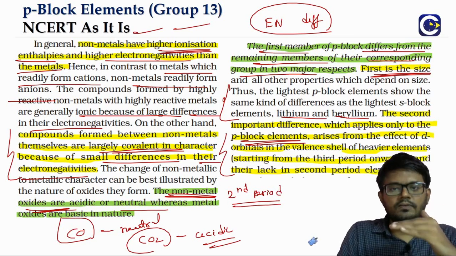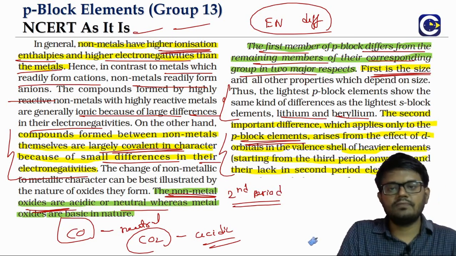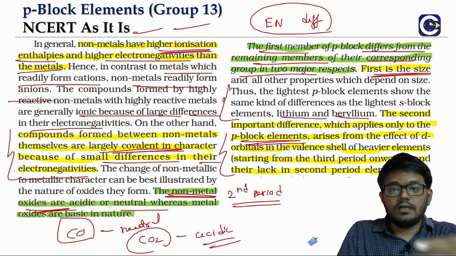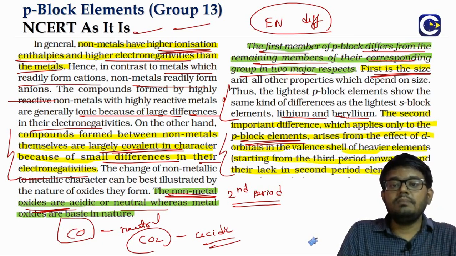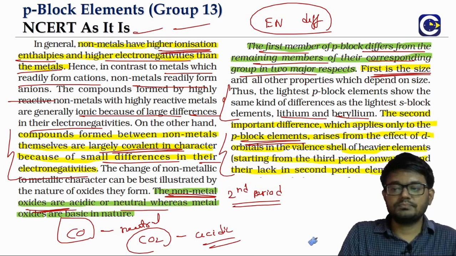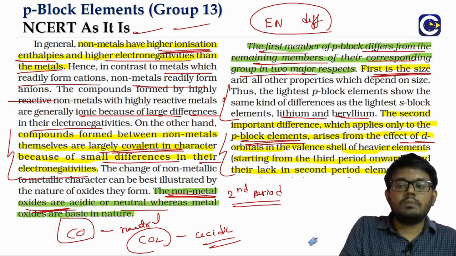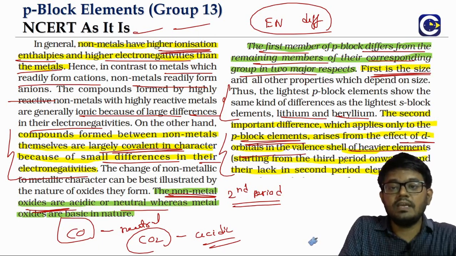The first element of these groups will not have d orbitals because they are in the second period. But after the first element, whatever elements come will have the vacant d orbitals available, starting from the third period onwards.